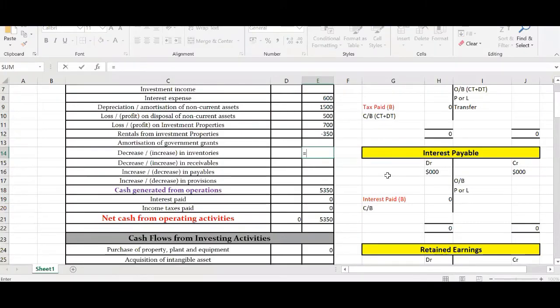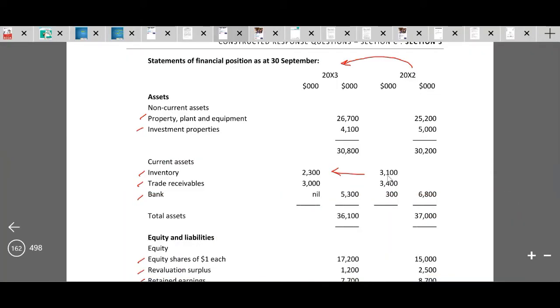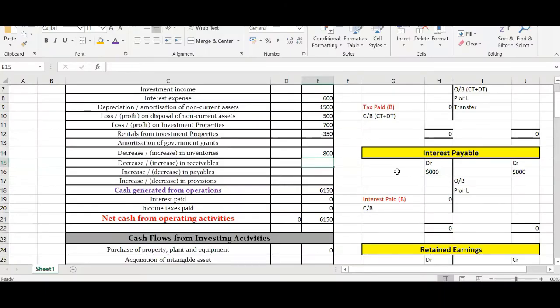So 3100 minus 2300. Okay, then you have the receivables. Again, receivables decreasing, so it represents an inflow, 3400 to 3000. So 3400 minus 3000.